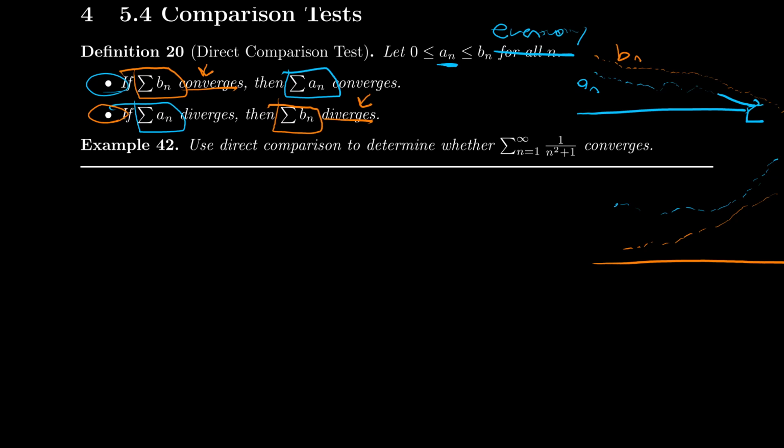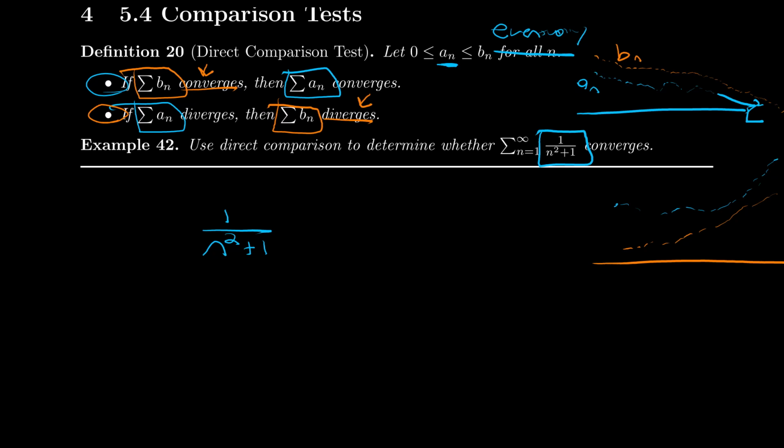So we can figure out whether this thing converges or diverges. This right here is our a sub n. It's always a sub n, by the way, in all of these definitions. So we have our a sub n, and we have to guess, just based on intuition, whether we think this is going to converge or diverge.